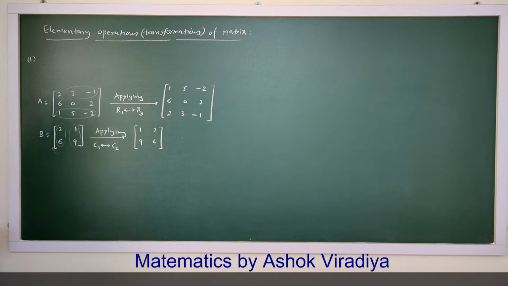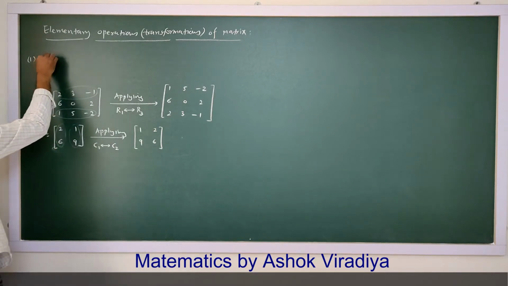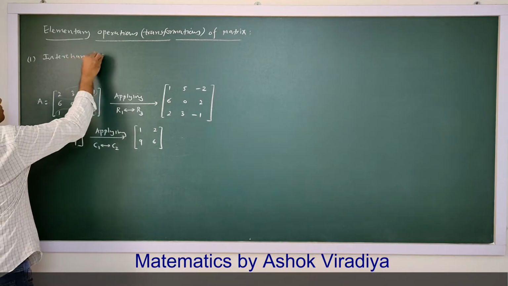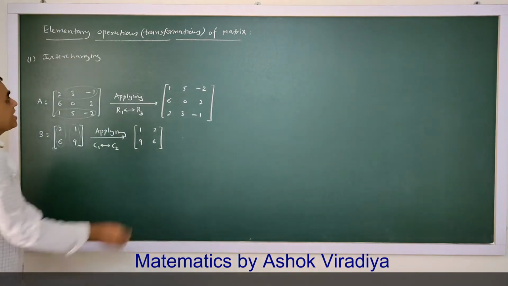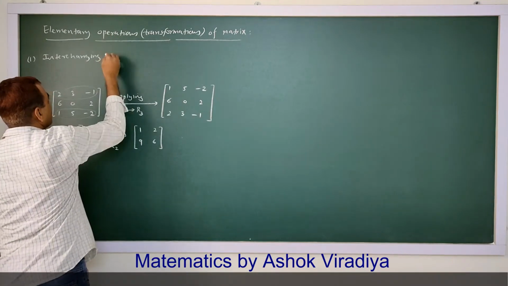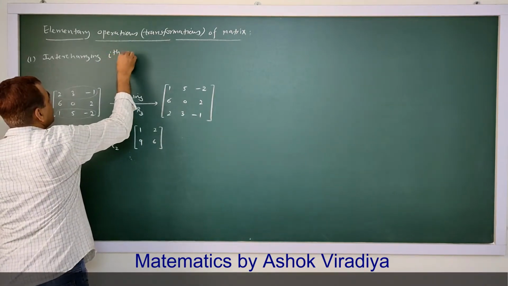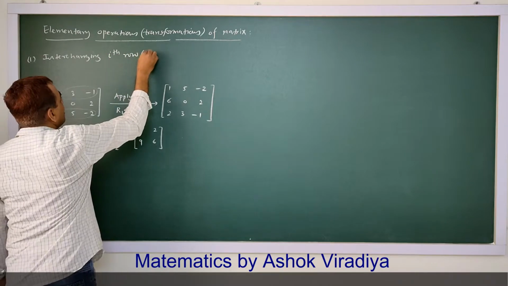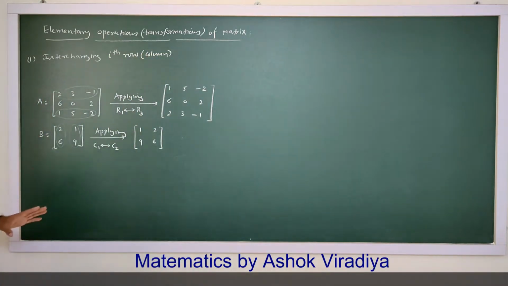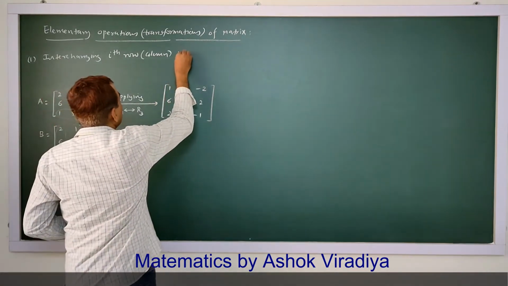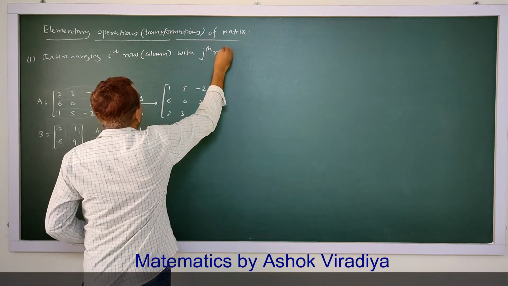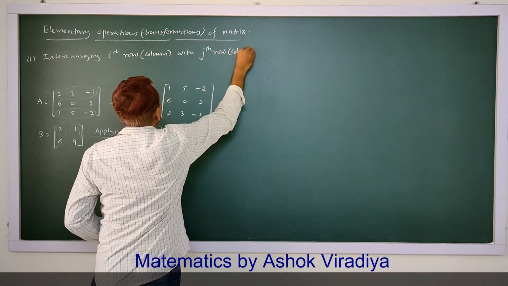So here, interchanging any two rows, or ith row or column, interchanging ith row or column with jth row or column.